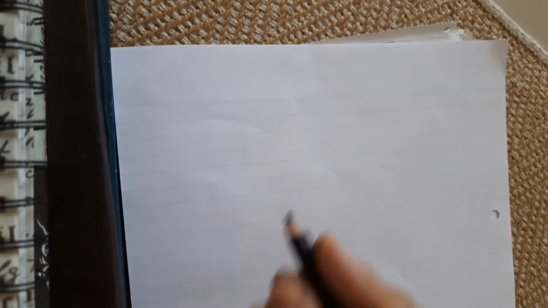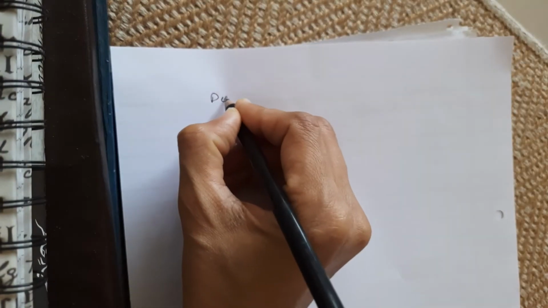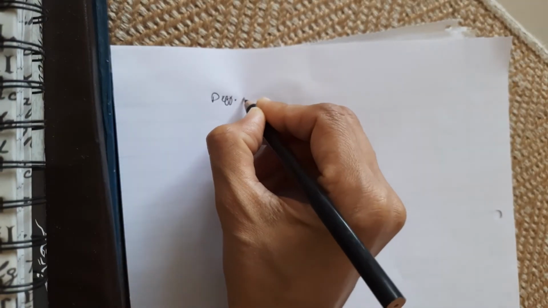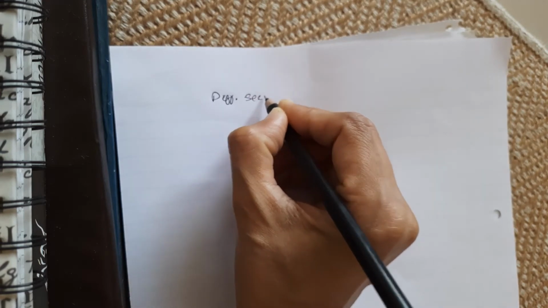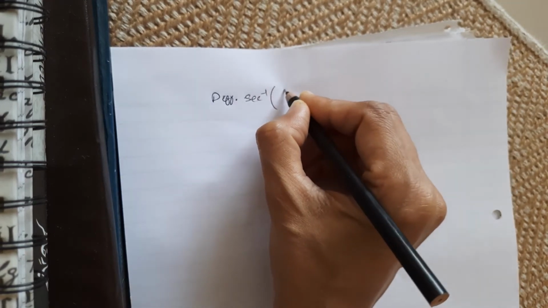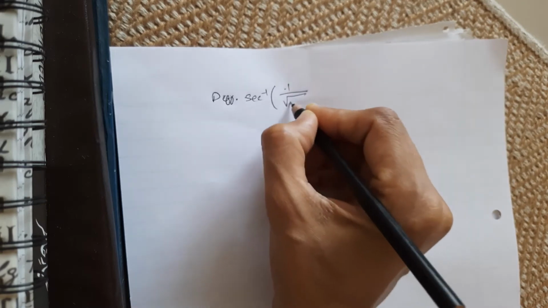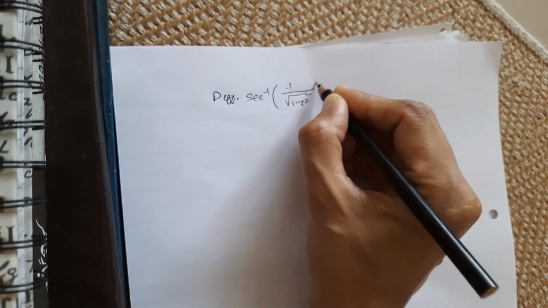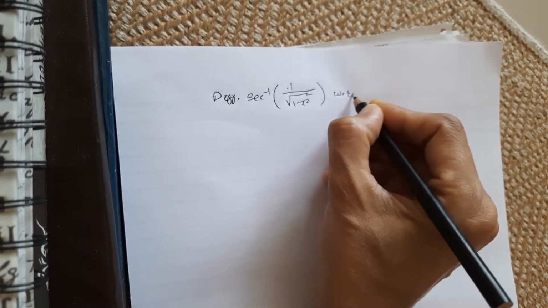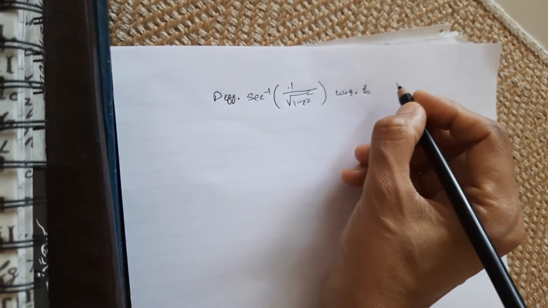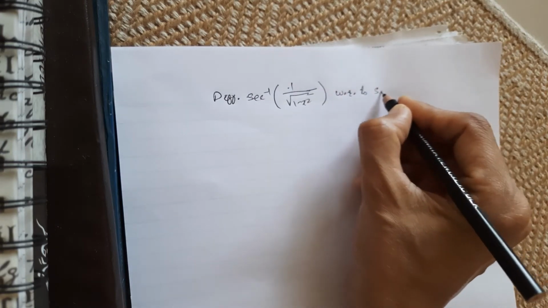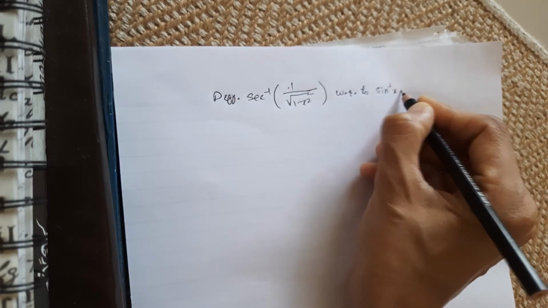Okay, so one more type of example that I want to share with you is nothing but the kind of parametric function that we have seen, but it's asked like this. So differentiate sec inverse of 1 upon root 1 minus x square with respect to sine inverse x.